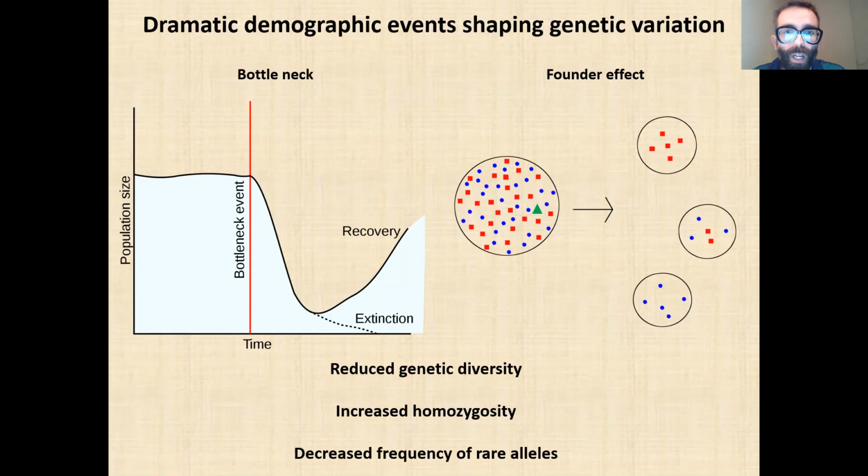And as I said, rare alleles, just by chance, have much less chance to be transmitted in this tiny population. So usually the rare alleles are much less frequent, and only the major alleles are maintained in these tiny populations.